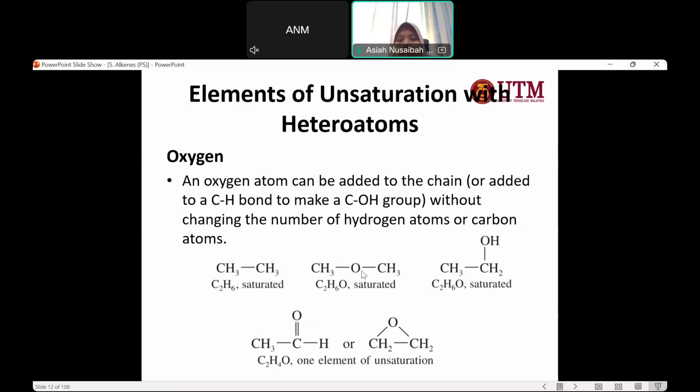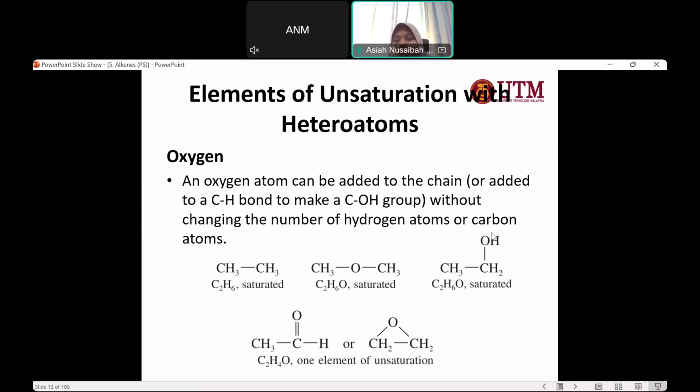So the presence of oxygen doesn't influence the number of hydrogen and carbon. Nothing changed. We see another on the most right, CH3CH2. In the middle, O is connected in between two C, but O can also be connected in between C and H. If it is connected between C and H, instead of having 3 H at the C, H is connected at the O, and it has already fulfilled the octet.